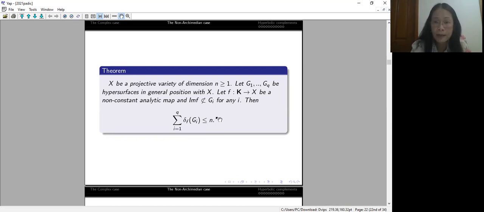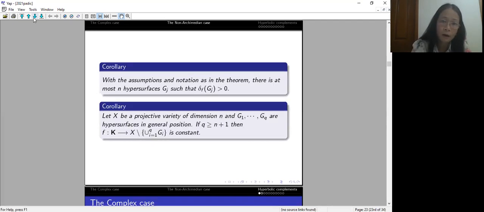Especially here, K can be a field of any characteristic, not only characteristic 0. And even better, we can also prove that at most n hypersurfaces have defect bigger than 0. Most of them have to be 0. Only at most n are bigger than 0.